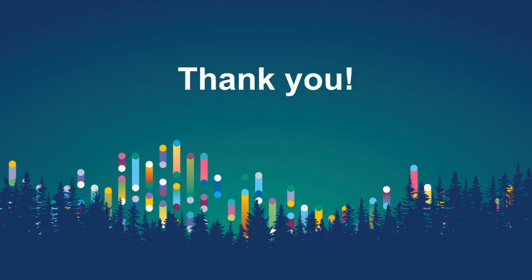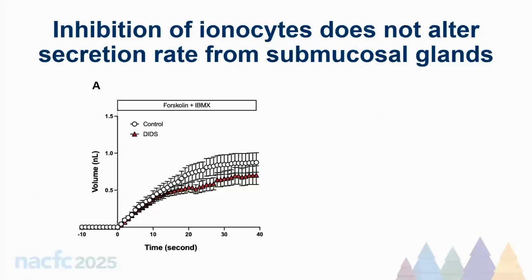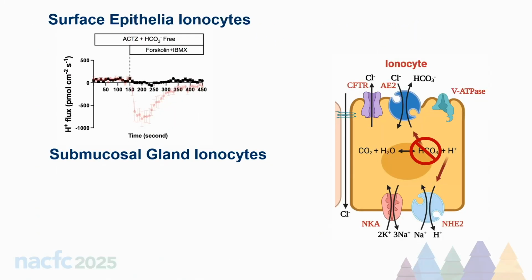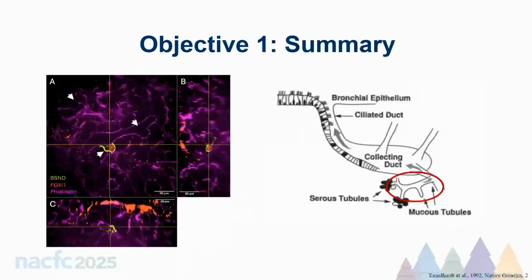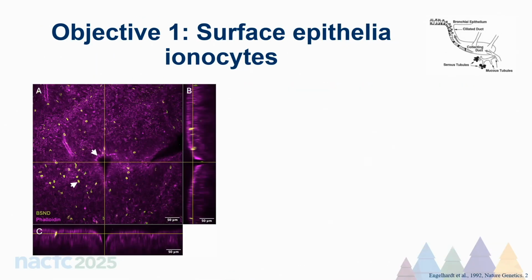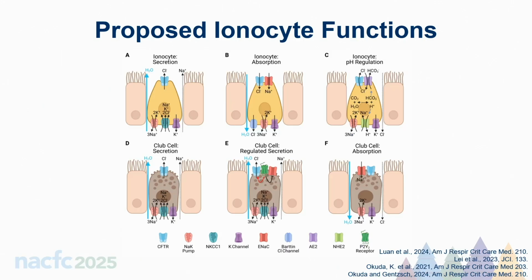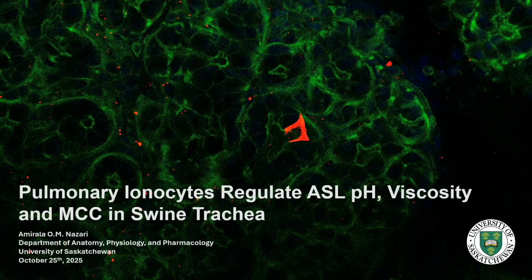Hi, nice talk. On the functional anatomy, maybe my interpretation is wrong, but are you seeing a ring of ionocytes right around the opening of the mucous tubule? Actually, if I can go back, I think the image that I had in the beginning might be the best image. So we see here a portion of a submucosal gland, and this opening would be the mucus tubule.